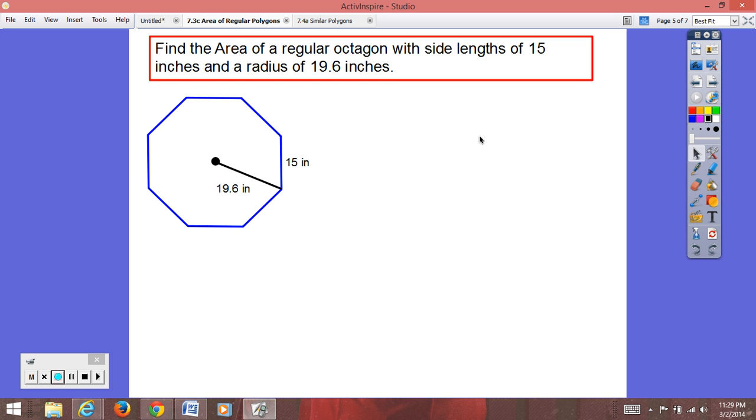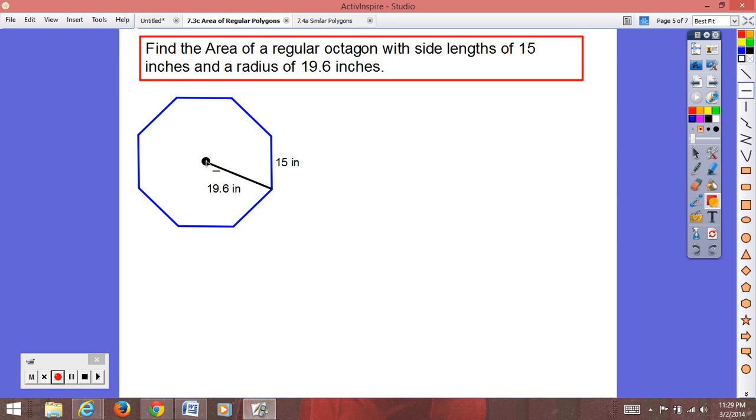So, we want to find the area of a regular octagon with side lengths of 15 inches and a radius of 19.6 inches. If we fill out this diagram, we draw another radius here. That's a straight line. And then we draw our apothem here. Let's try that again, we'll build it up and make it a little cleaner.